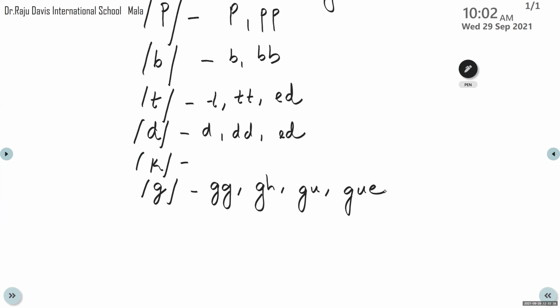The symbol for the K sound is K written between the slashes. Which are the alternative spellings where we can find the sound? One is the very common C, like in cat, camel, car, come, cable. Everything you have to write.